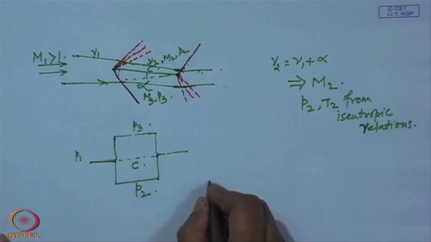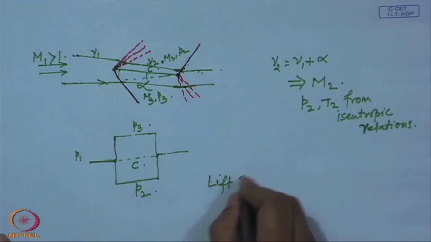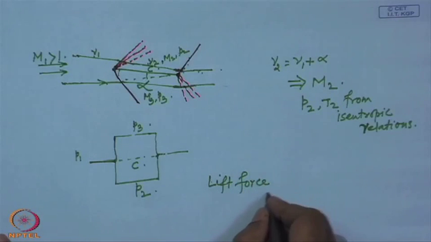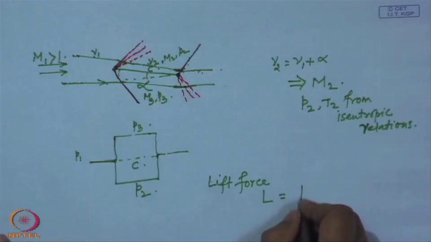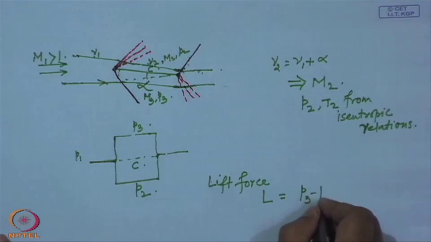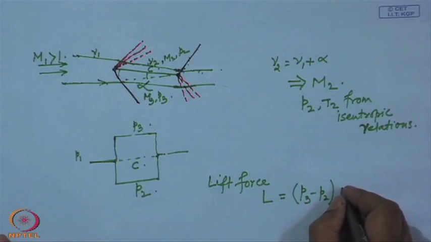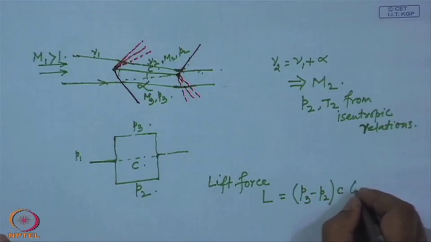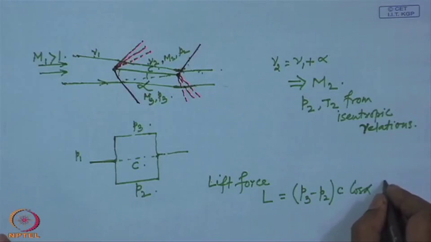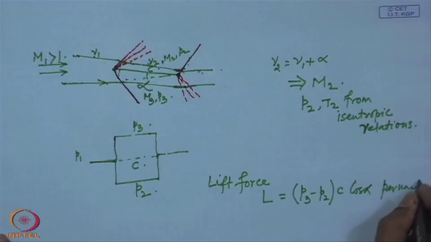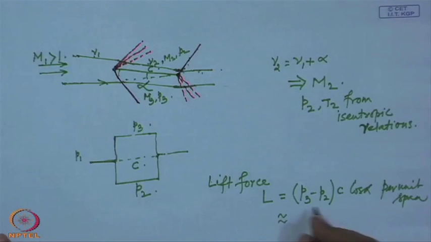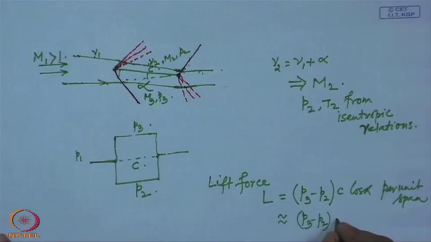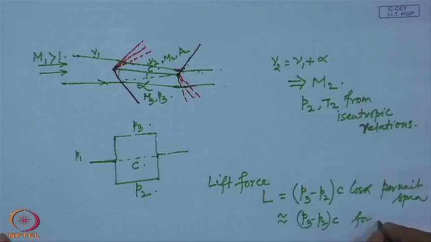The lift force L is now given by P3 minus P2 times C cos alpha, of course, per unit span. And this can be approximately written as P3 minus P2 times C for small alpha.